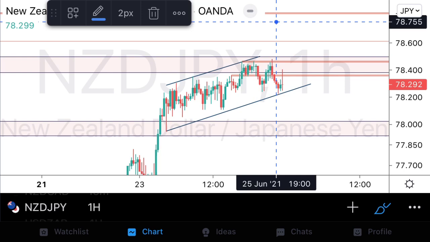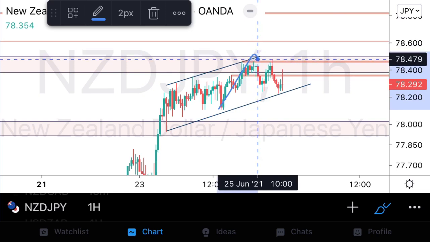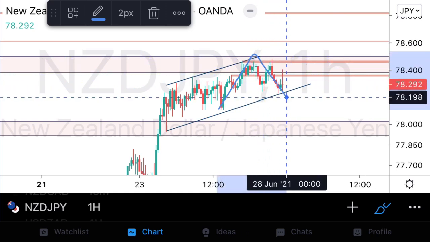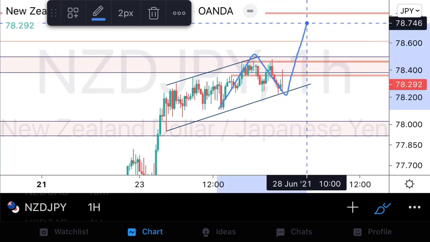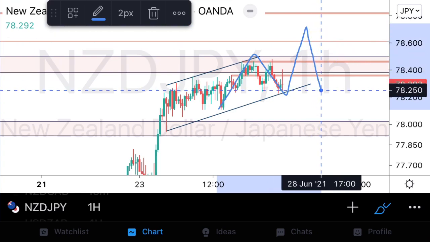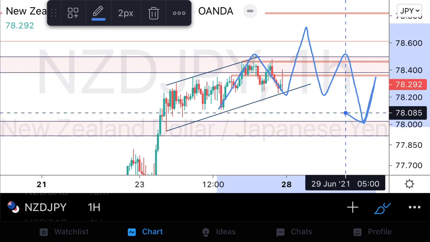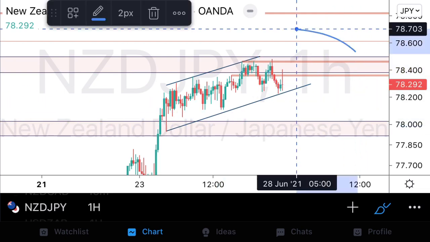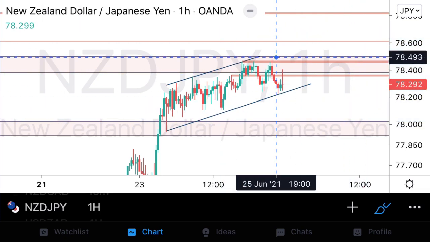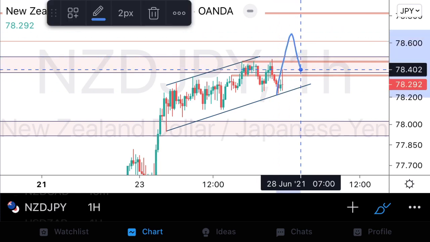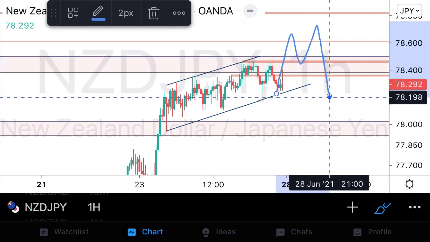What do I mean by that? We have some structure over there, we have some resistance. I want to see prices violate that resistance and then break back into structure, giving me a trade to the downside. I want to see prices giving me an opportunity to sell up high, whether that opportunity comes in the form of a double top structure.